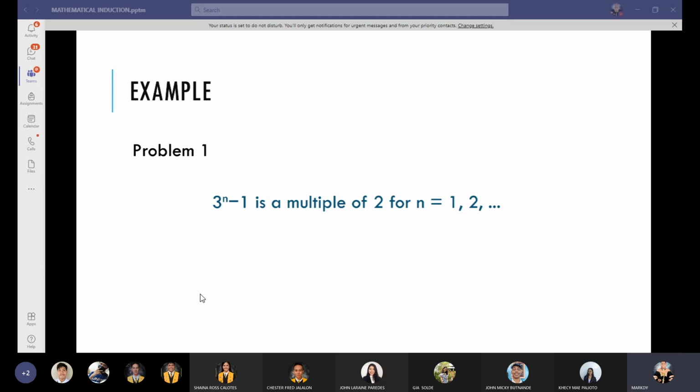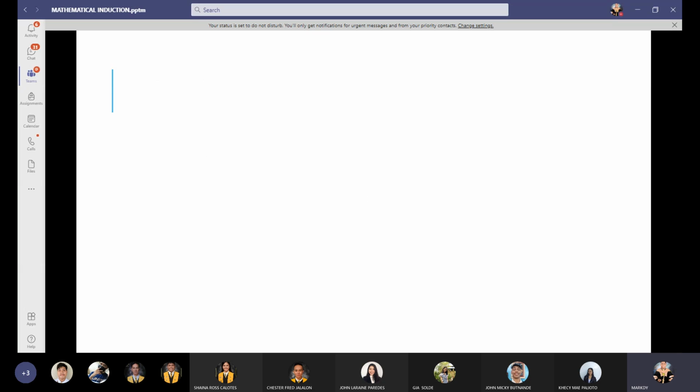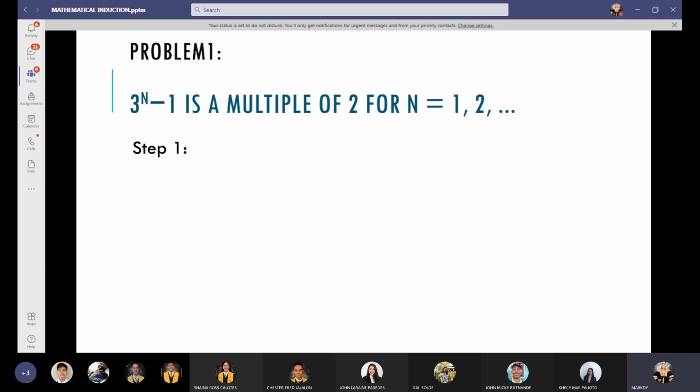So we need to prove that the result of 3 to the power of n minus 1 will be a multiple of 2. We will try, for example, starting with n is equal to 1.